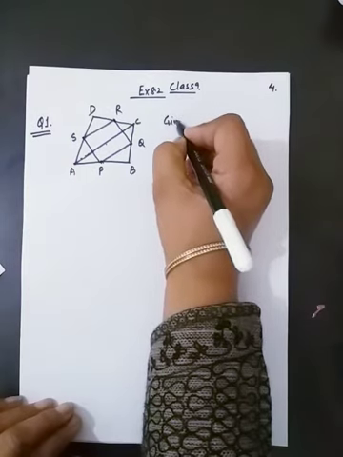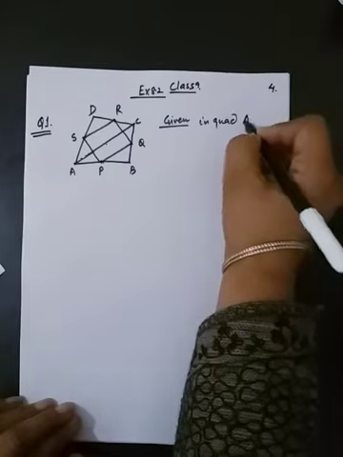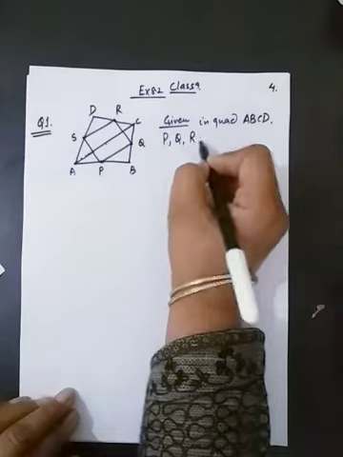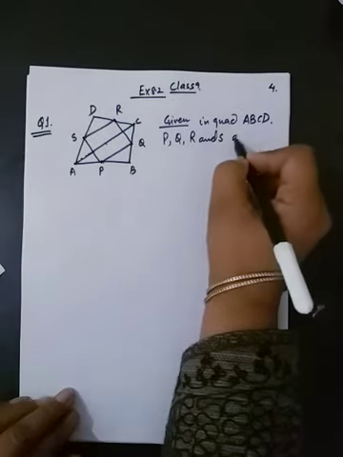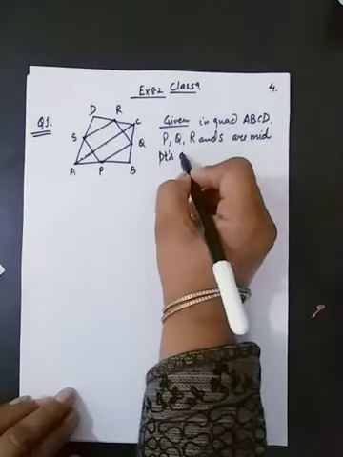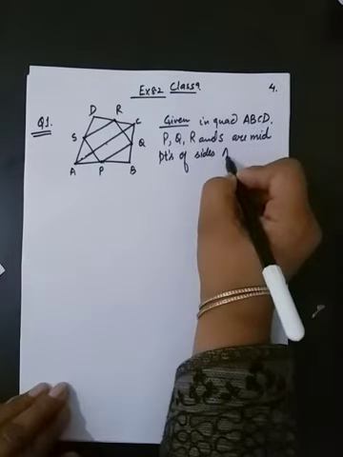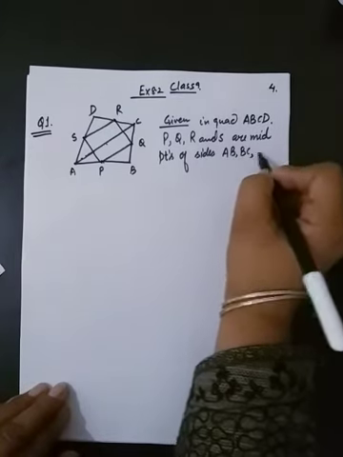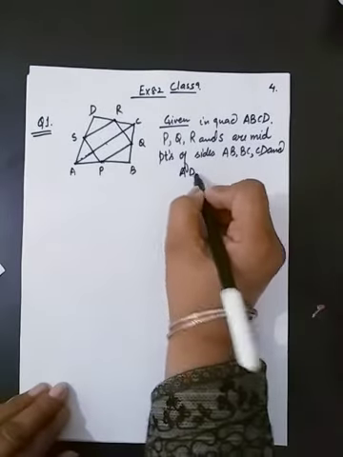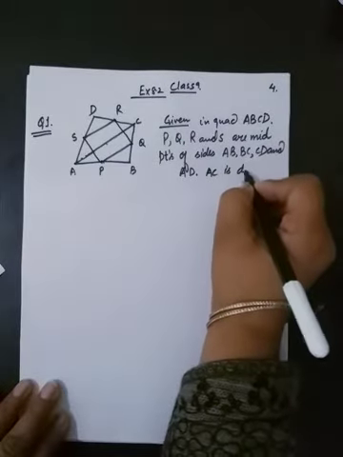So first of all we have to write given: in quadrilateral ABCD, P, Q, R and S are midpoints of sides AB, BC, CD and AD and AC is diagonal.